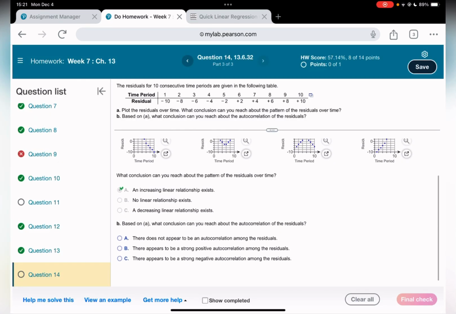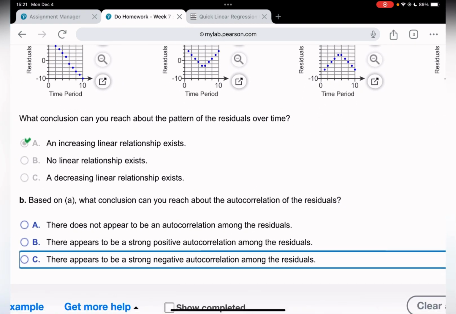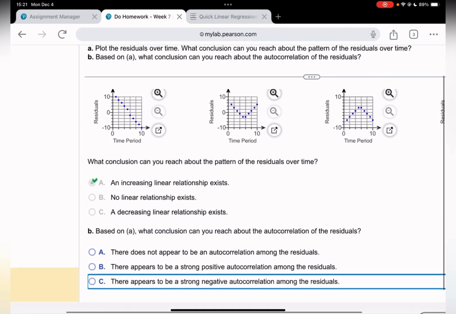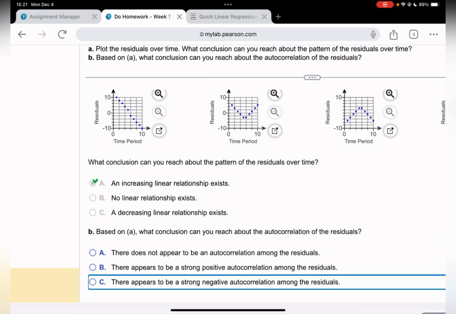So first let's understand what autocorrelation of the residual is. Autocorrelation is a mathematical representation of the degree of similarity between a given time series and a lagged version of itself.